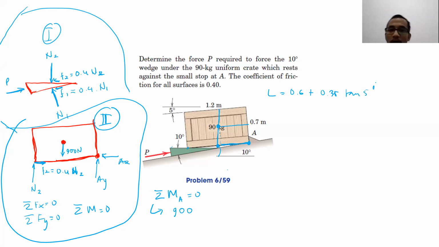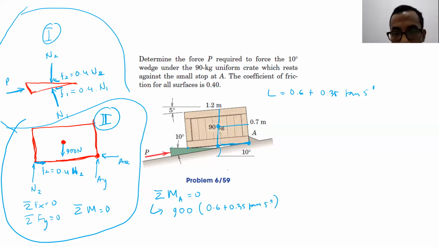Okay, sorry. Yeah, correct, right? Tangent 5 degrees. So that's the L there. Okay, so you mean 900 is supposed to be multiplied by that, 0.6 plus 0.35 tangent 5 degrees.